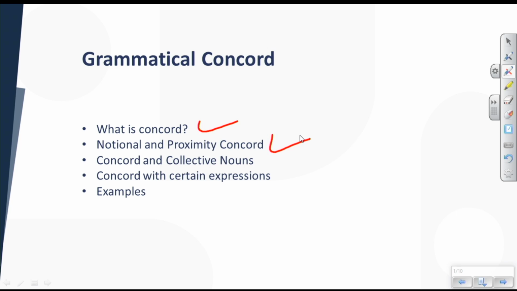Then we're going to see how subject-verb agreement is done when we have collective nouns and certain expressions. And for each situation, I'm going to provide you with some examples. Are you ready? So let's go.